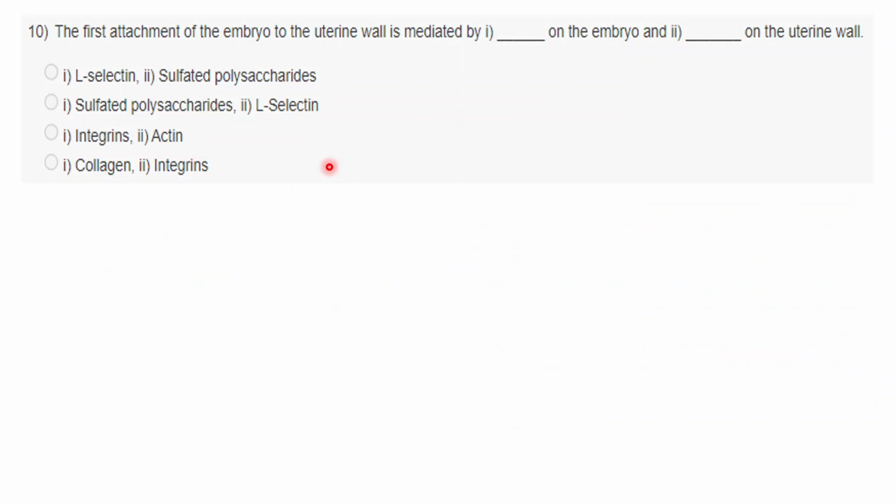Coming on to the last question of this session. First attachment of the embryo to the uterine wall is mediated by dash on the embryo and dash on the uterine wall. The very first attachment.